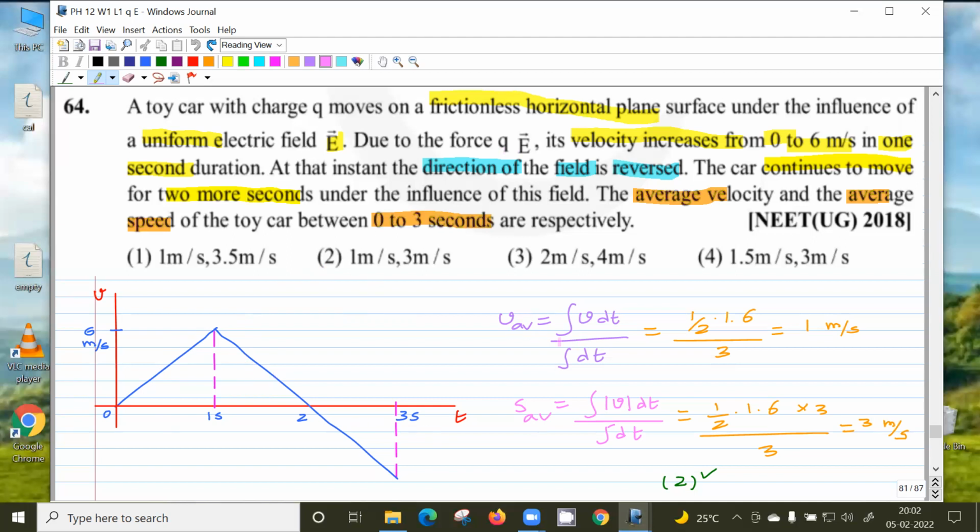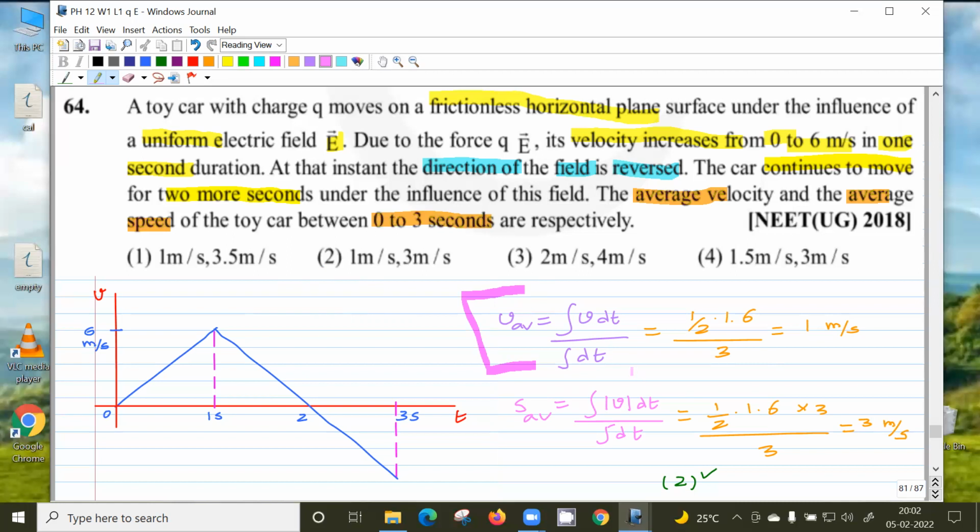So average velocity is the integral of v dt divided by the full time duration. This is a basic definition, so you should know this. For the average of any quantity, you take that quantity times a small time interval, summed up, divided by the total time interval. That is the meaning of average.